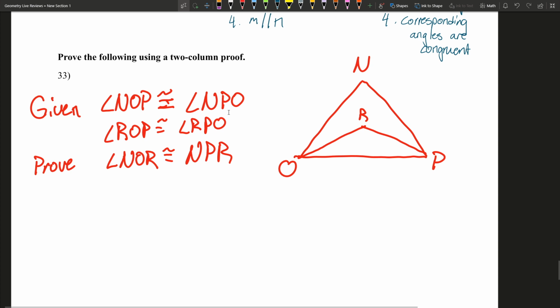All right. And then the last proof, given NOP is congruent to NPO and ROP is congruent to RPO, prove that NOR, which I will label in blue, NOR is congruent to NPR.